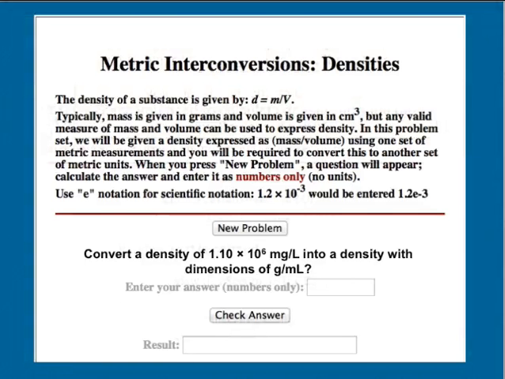For example, if it was 1.2 times 10 to the minus 3, you could write that number in your answer slot here as 1.2 e minus 3. And interestingly enough, when Blackboard is working properly, which it does sometimes, it will also read e-notation for these same types of answers.